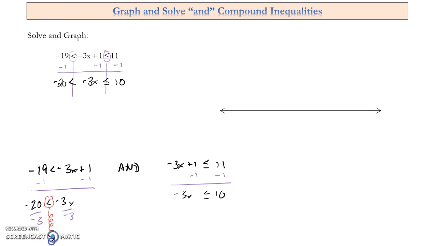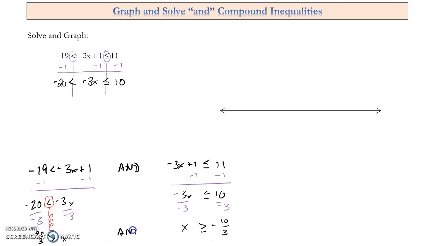I flip the direction of that sign, and I get negative 20 over negative 3, so that's just going to be 20/3. And same idea happens over on the right side. Divide by negative 3, divide by negative 3. I get x. I flip the symbol, and I get negative 10/3.